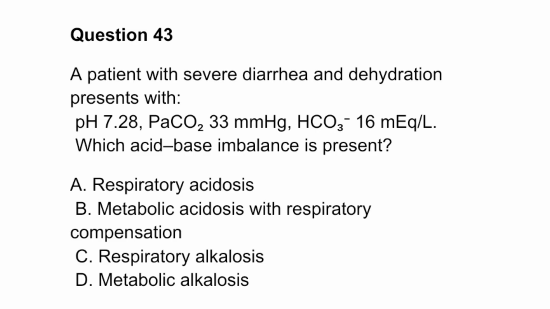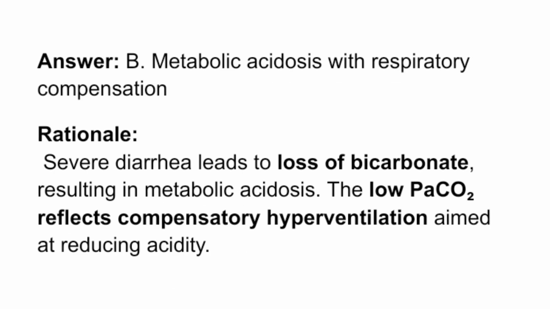C. Respiratory alkalosis. D. Metabolic alkalosis. Answer: B. Metabolic acidosis with respiratory compensation. Rationale: severe diarrhea leads to loss of bicarbonate, resulting in metabolic acidosis. The low PaCO2 reflects compensatory hyperventilation aimed at reducing acidity.